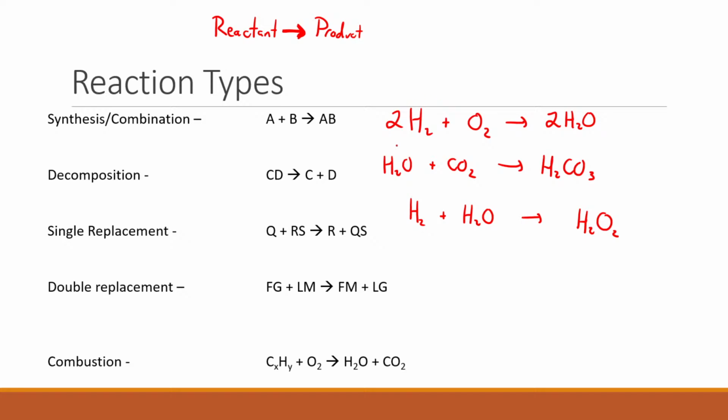As long as there are multiple reactants coming together to form only one product, you have a synthesis reaction. It doesn't need to be just two, like we have in this example here, or we can have three things coming together, or more. We could have 4, 5, 6, 7, 8, no matter how many things you have, as long as they combine to make one product at the end, you have a synthesis or combination reaction.